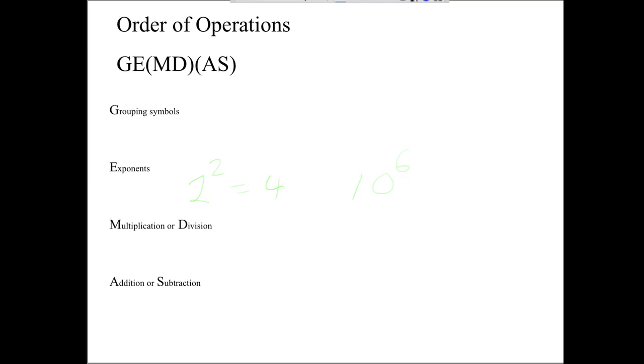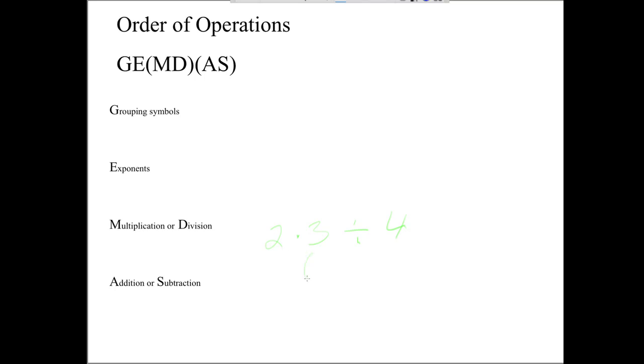Then we come to the next category, which I put in parentheses, multiplication and division. With multiplication and division, we do whichever comes first from left to right. So if I had 2 times 3 divided by, say, 4, I do it from left to right.